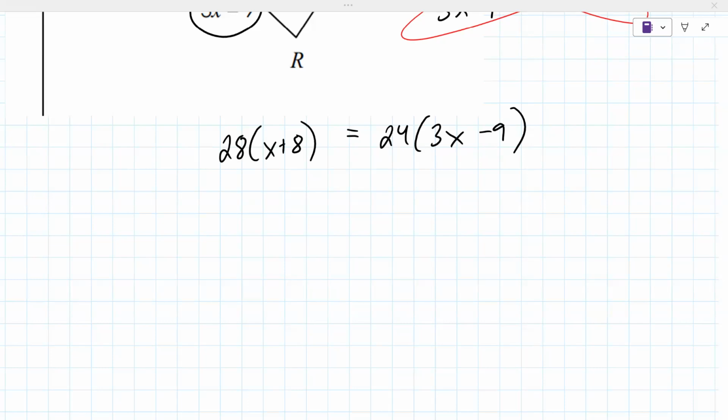Yeah, that one's negative 648. Okay, but I'm looking for the final answer. Like I'm looking for x equals, at the end. That's what I'm trying to get you to work through.